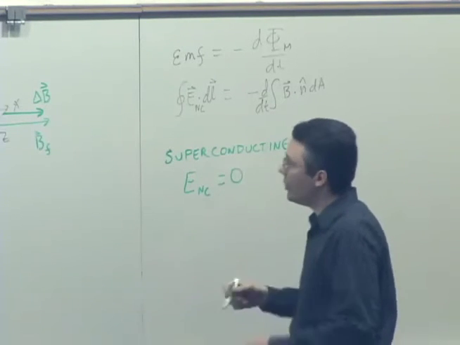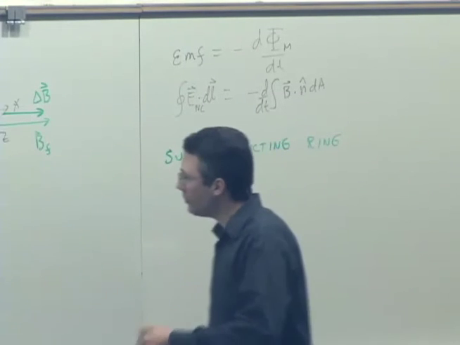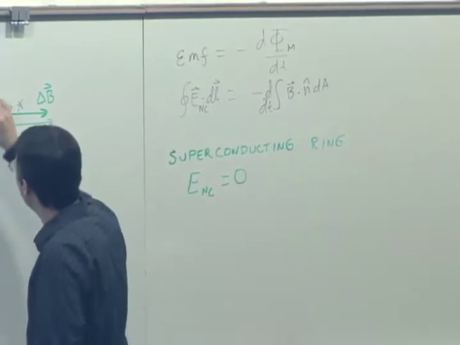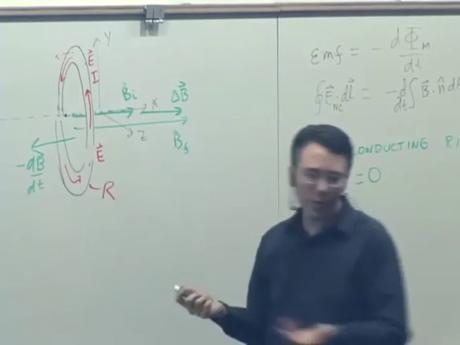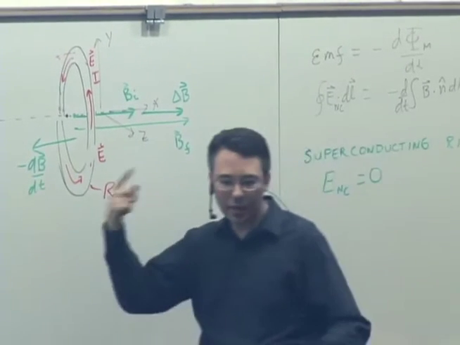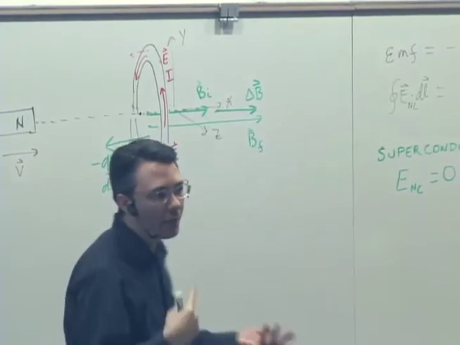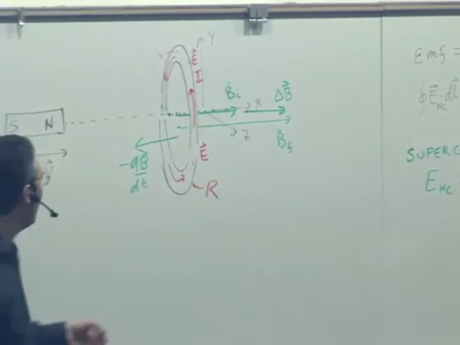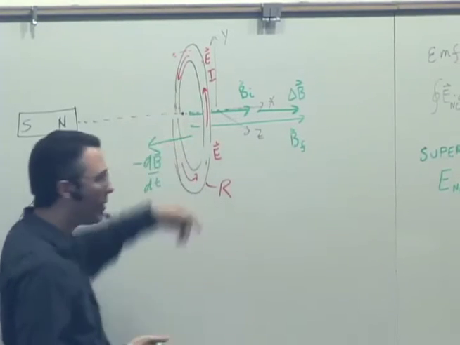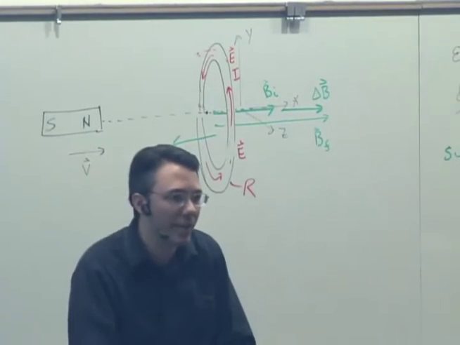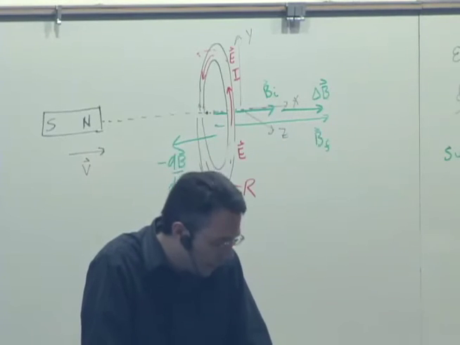You actually get a zero non-Coulomb electric field. Okay, so E_NC actually is zero. But you do end up with a current. The current can flow in the ring without the presence of an electric field because there's no resistance. The charges can just happily go around forever and ever, and no thermal energy is going to be dissipated because there's no resistance in the ring.